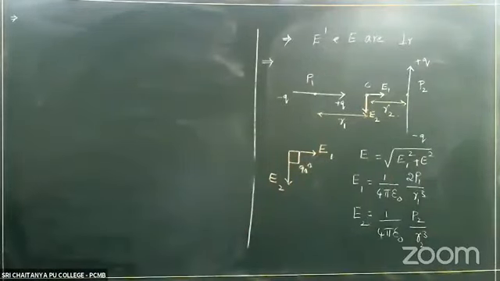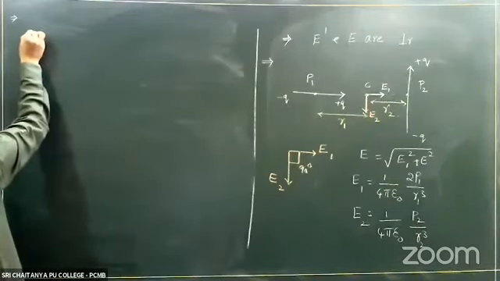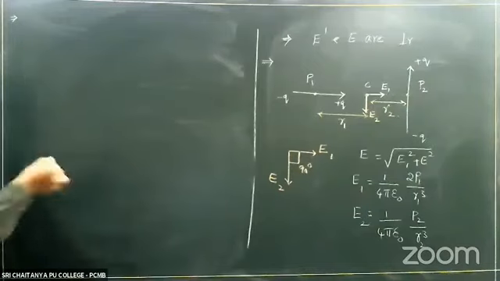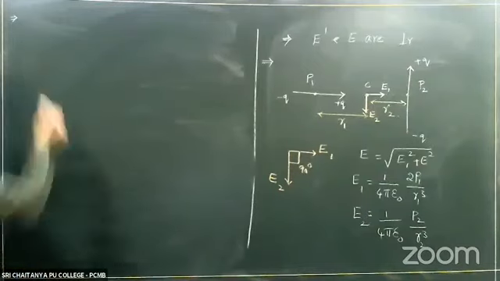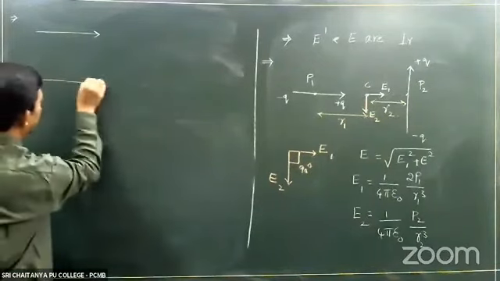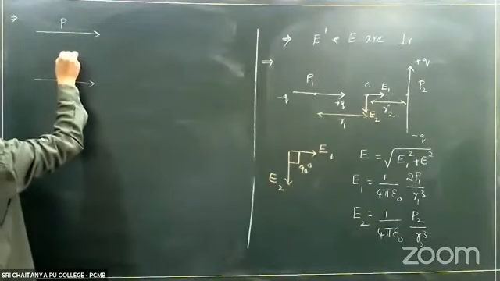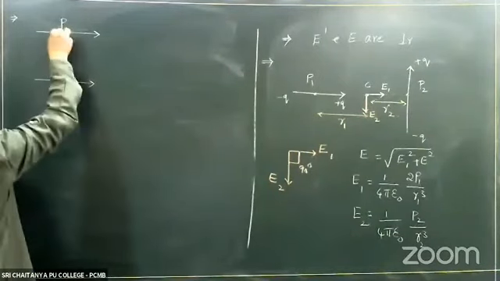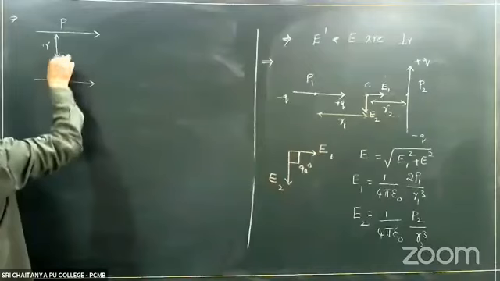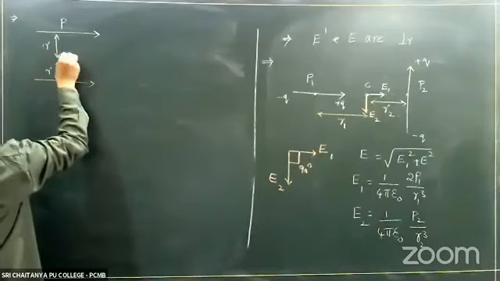Next, I am giving you different combinations. You try those. This is one dipole and this is another dipole. Let the dipole moments be the same. This is a point at the same distance. What is the intensity at this point?